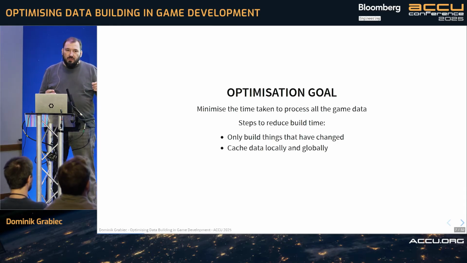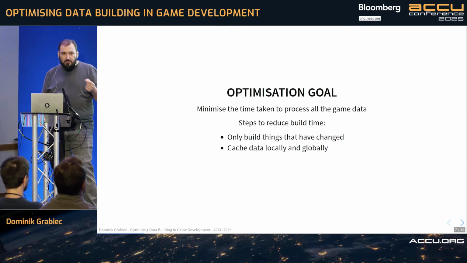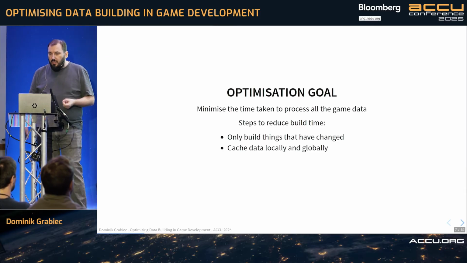So when different things require this geometry, they can just query the cache rather than doing all of that loading themselves. The other one is what I call output caches, which is where you store your built data. So this is a file system on a server, something that you can query. And instead of building something again, you can just fetch it from the cache.